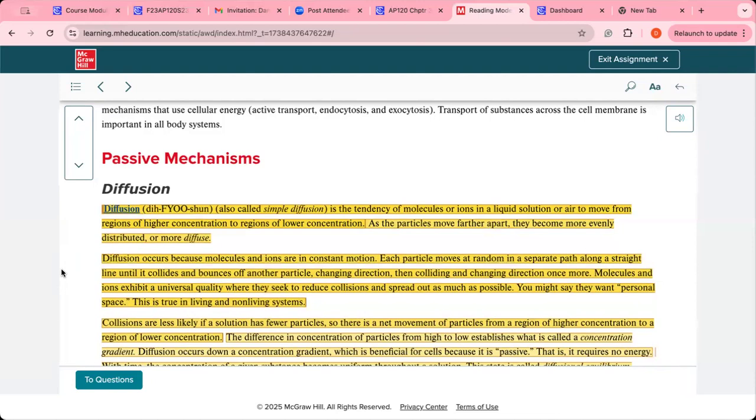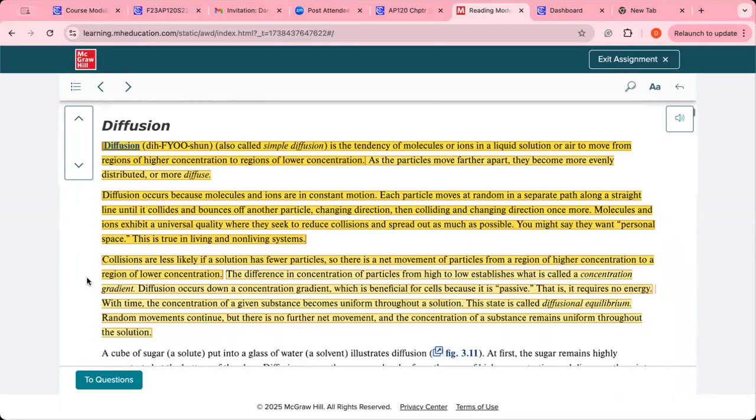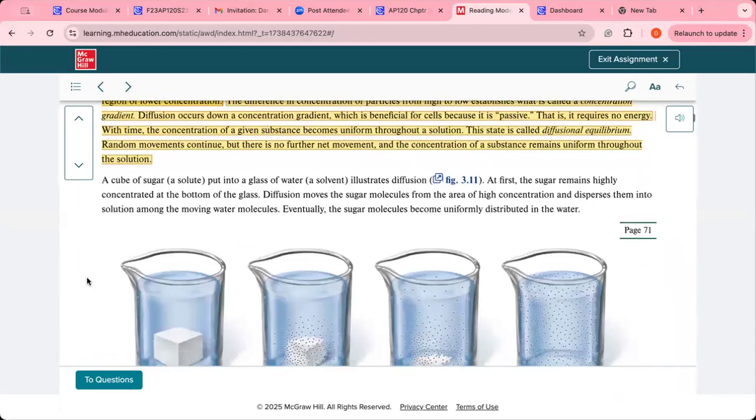The difference in concentration of particles from high to low establishes what is called a concentration gradient. Diffusion occurs down a concentration gradient, which is beneficial for cells because it is passive. That is, it requires no energy. Keep going. We haven't gotten to the solute solvents yet.